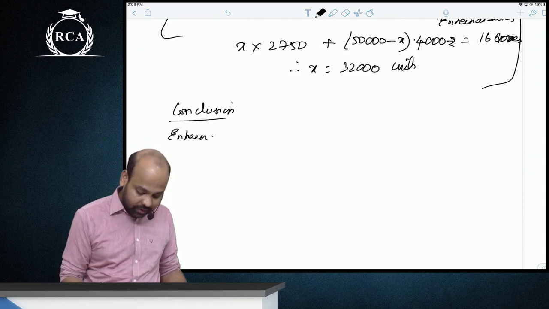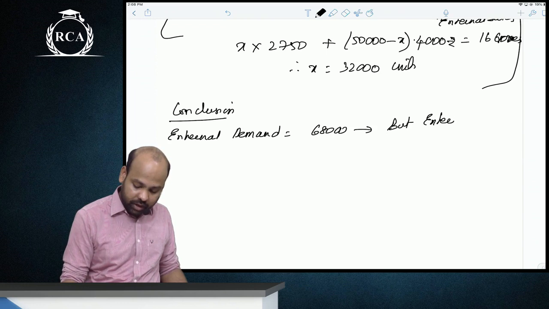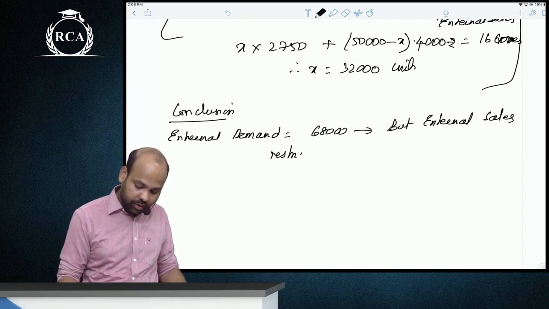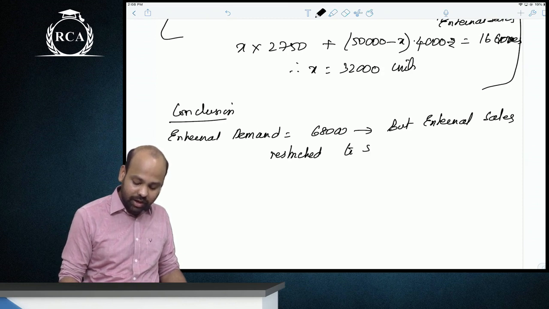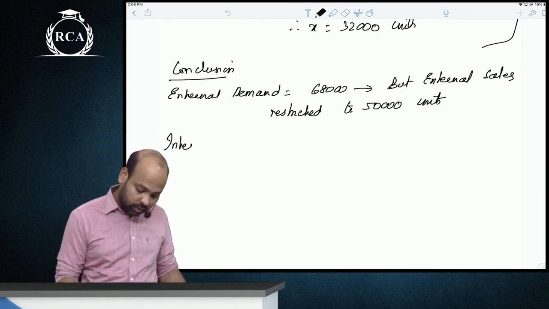External demand was actually 68,000 units, but external sales were restricted to 50,000 units. We did not sell more than 50,000 units in the external market. Understood, sir? It did not sell more than that.